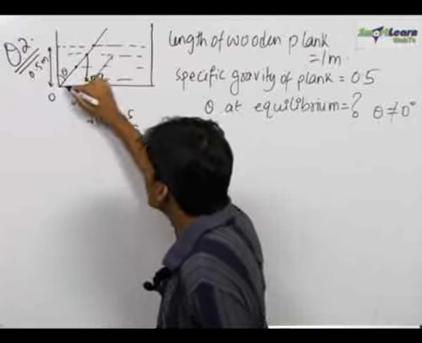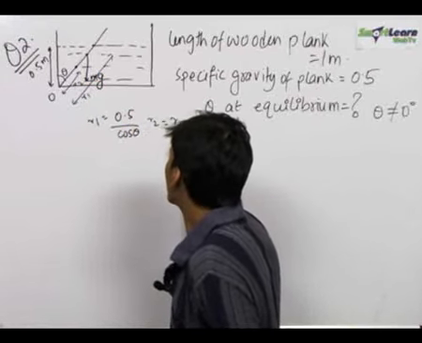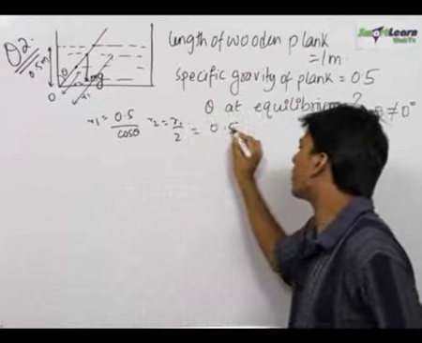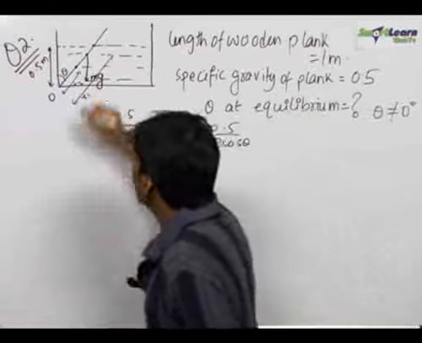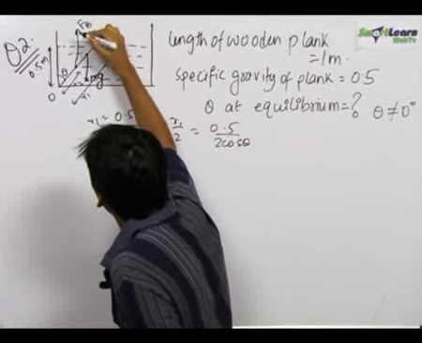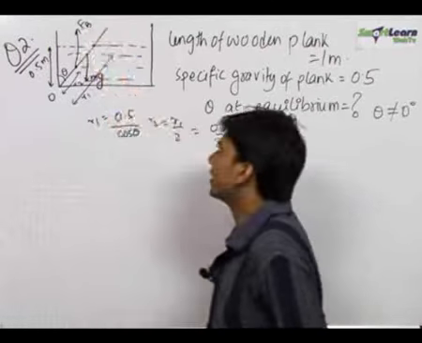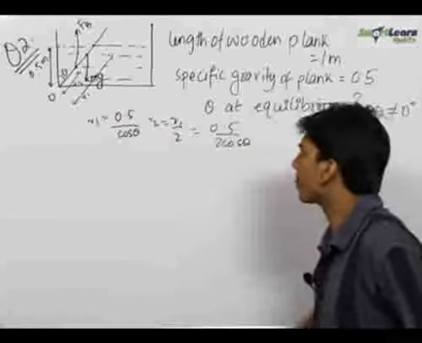So the center of mass will be at a distance R2 is equal to R1 by 2, that is equal to 0.5 upon 2 cos theta. Now the buoyant force will be acting on the object at this point in the vertical direction, since the buoyant force is always perpendicular to the surface.